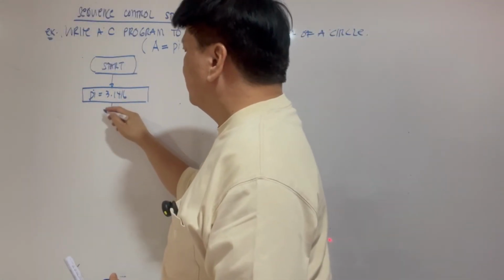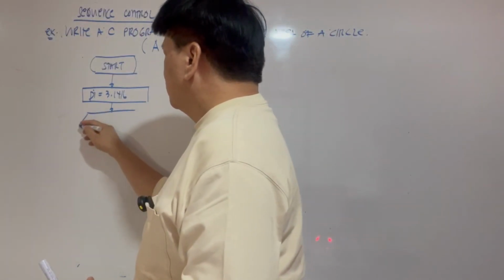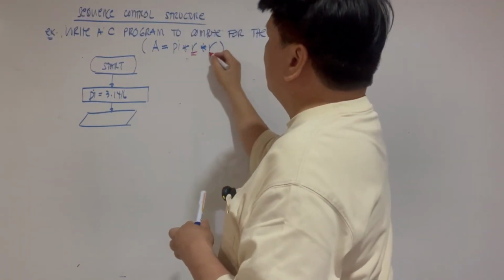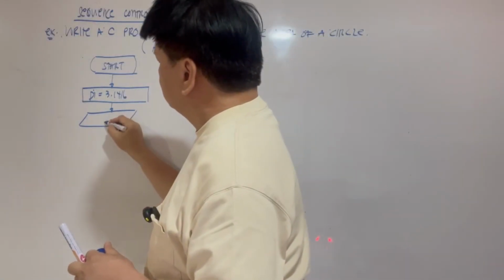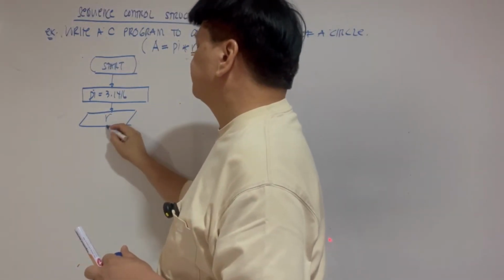And then, this time, we input. Definitely, our input here will be the radius. So we put here the r.